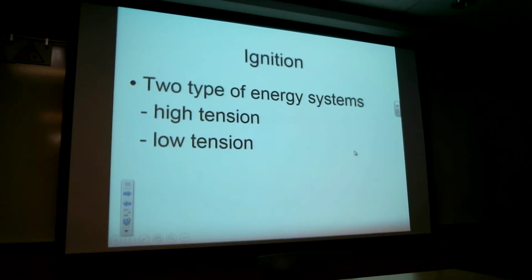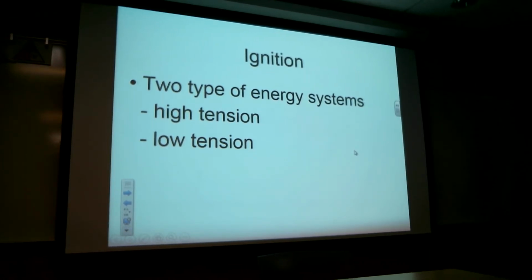Okay, there's two types of energy systems. One is a high-tension system, and one is a low-tension system. Now, these things are capable of putting out 30,000 volts, but they may not start at the same threshold. So low tension system, if I remember right, is around 2,000 volts.